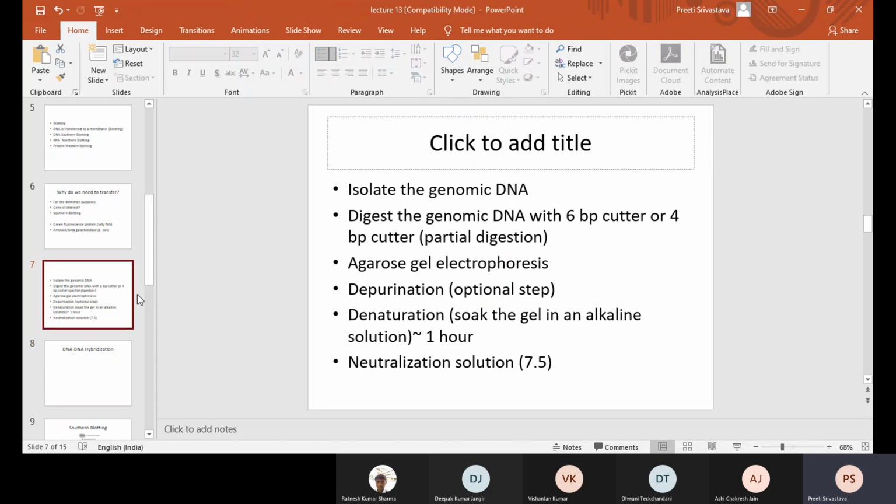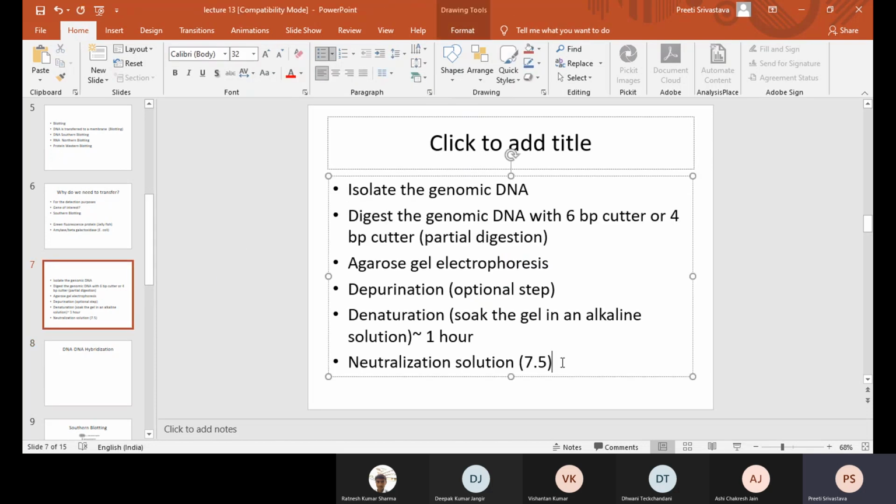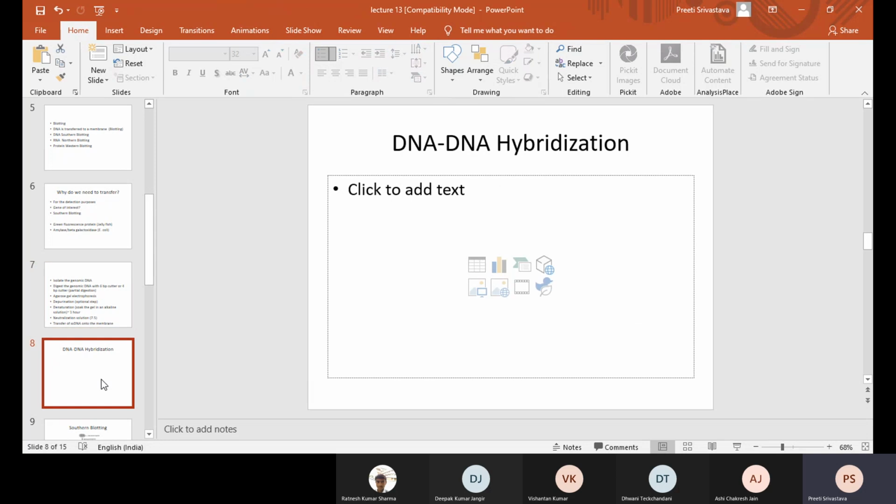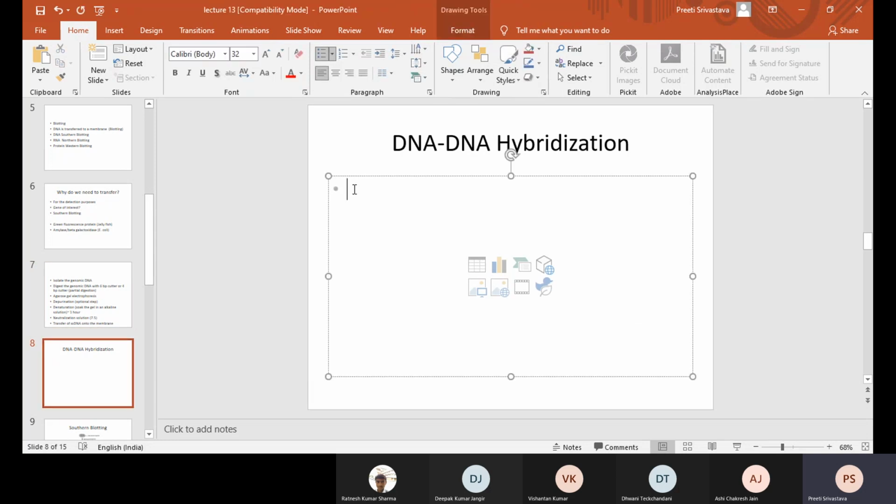So class, in Southern blotting, after this step, this resulted in transfer of single-stranded DNA onto the membrane. Now what will happen is, there is a term we use, what is called a probe.